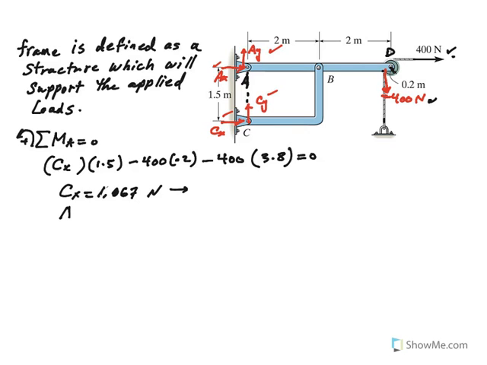Therefore, if I now sum forces in the x equals 0, looking again at the entire frame, I have Ax plus Cx, which is 1067, plus this 400.